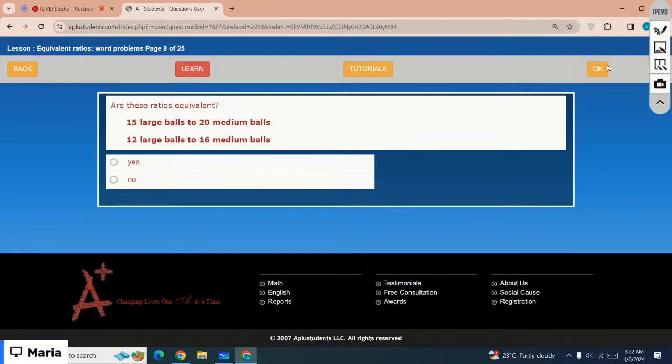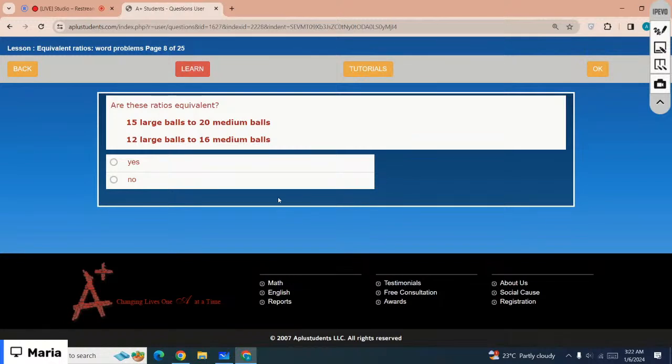The correct option is no, they are not equivalent, right?